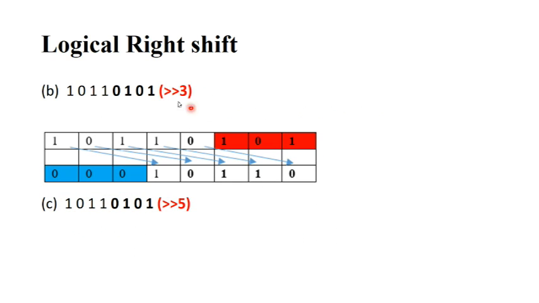In this example, I'm moving this 8-bit number in an 8-bit register to the right 3 times. Now let's see. When I try to move this 3 times, I move the 1 one time, 2 times, and 3 times, and it lands here. I move the 0 1 time, 2 times, and 3 times, and it lands here.